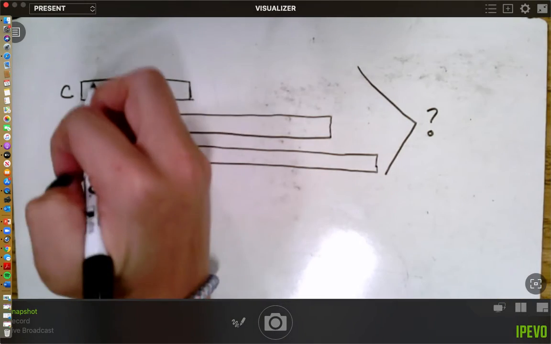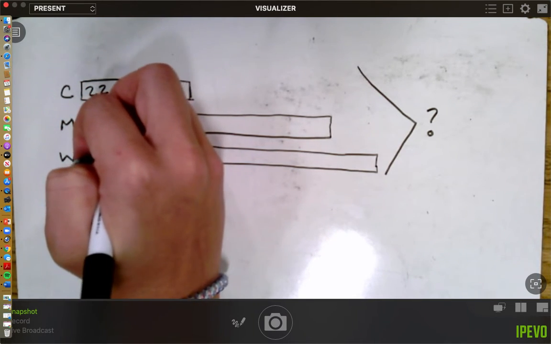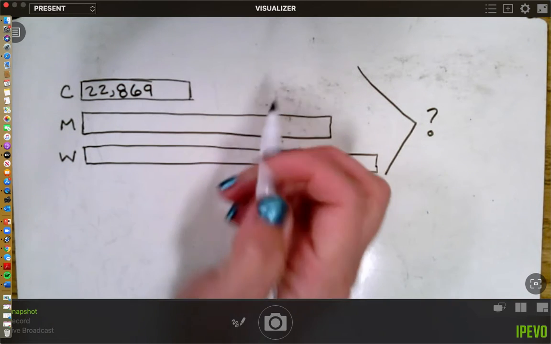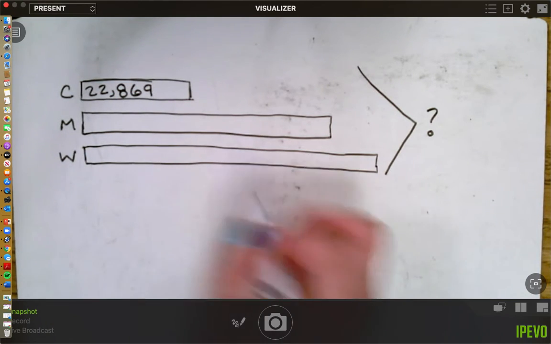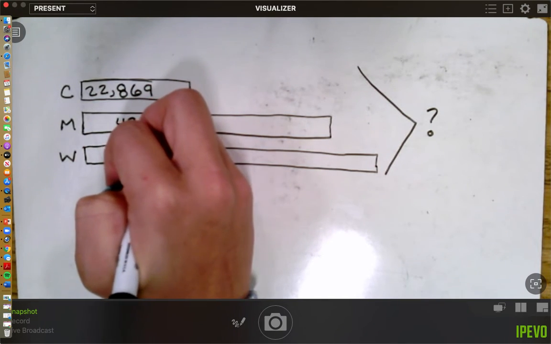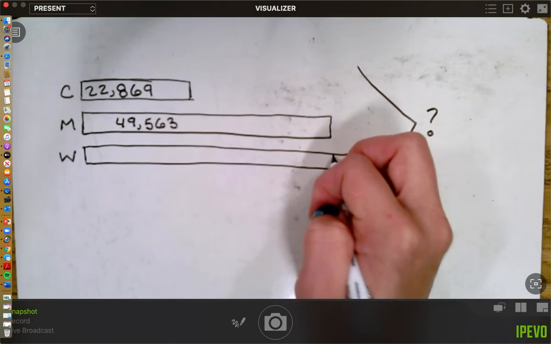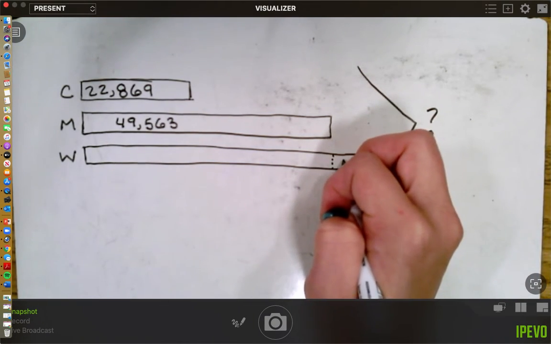So there were 22,869 children, 49,563 men, and then there were 2,872 more women.